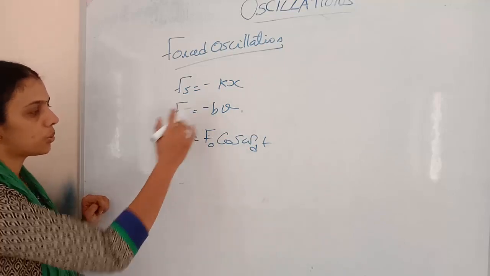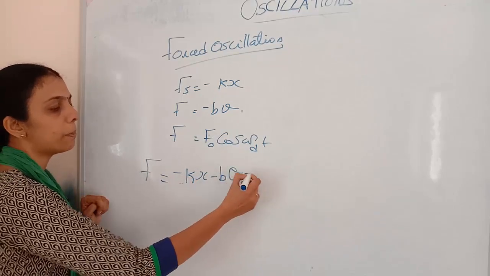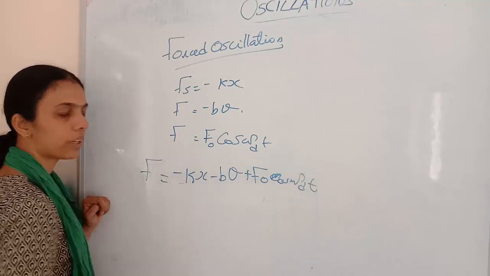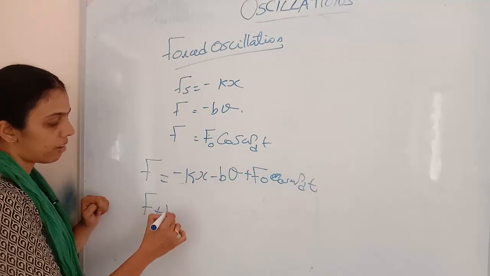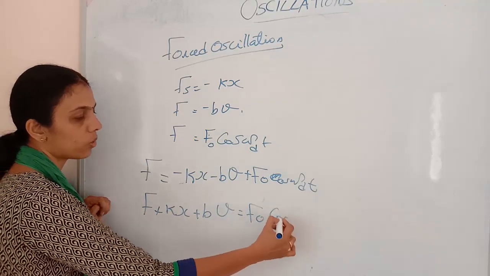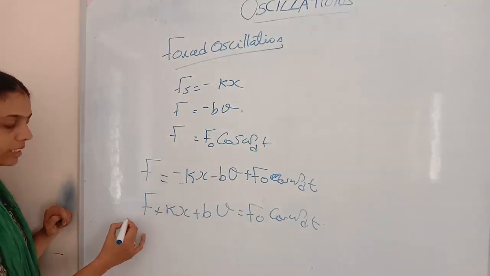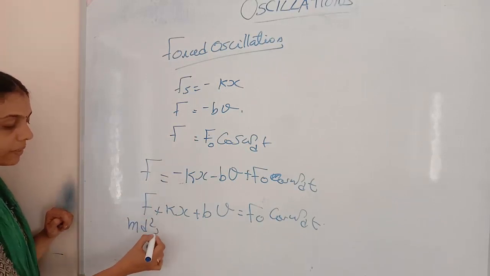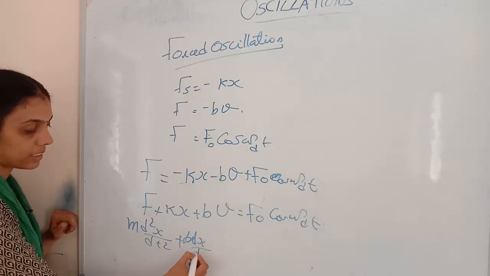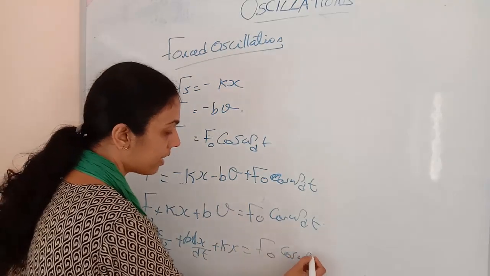So the total force acting on it is minus kx minus bv plus F0 cos omega_d t. While solving this, in the same manner as in the last derivation, m times a, we can write it as m d²x/dt² plus b dx/dt plus kx equals F0 cos omega_d t.